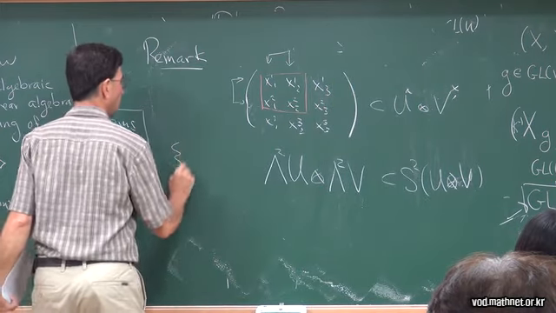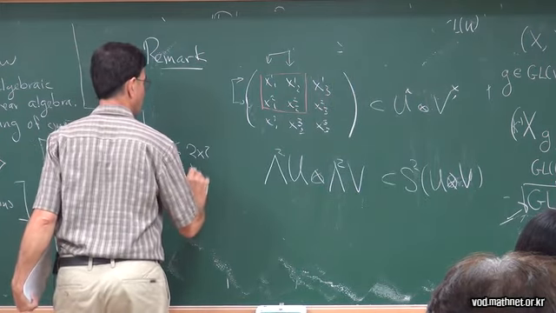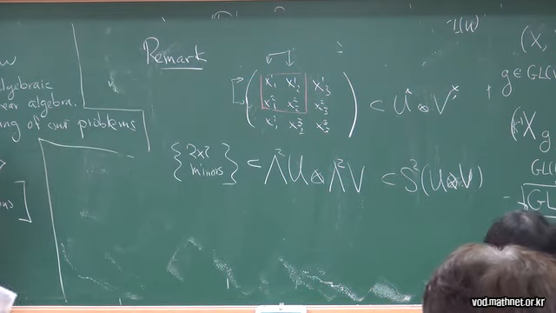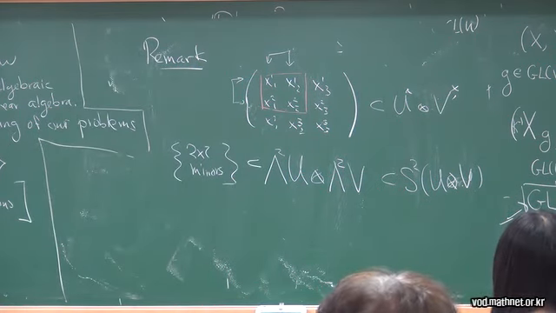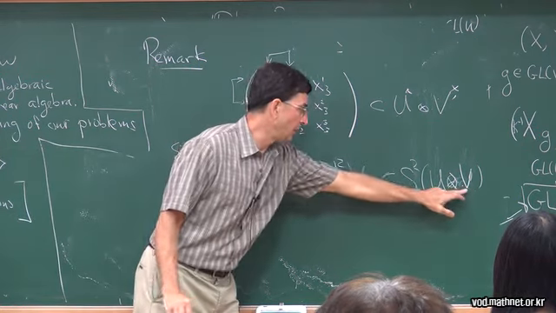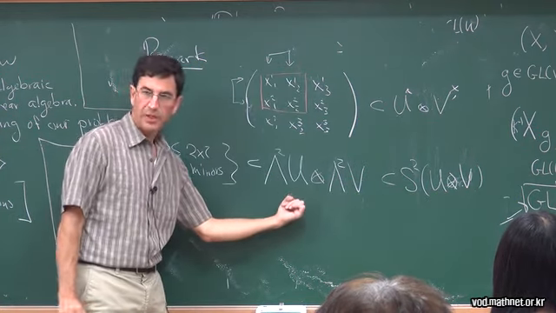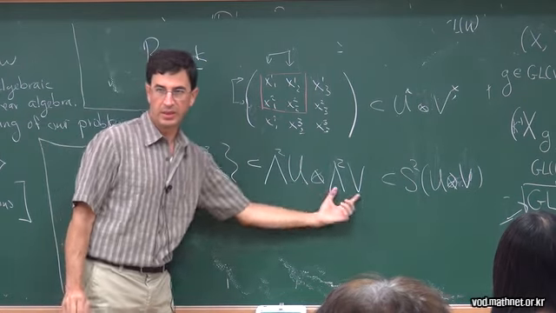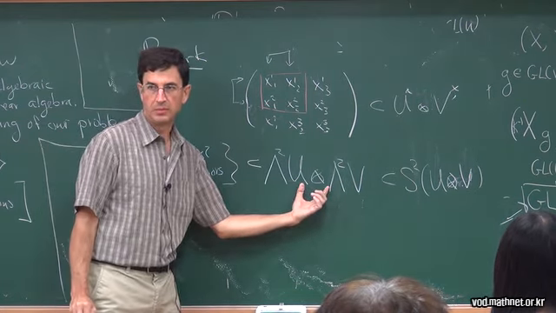And inside here is the 2 by 2 minors. This set of vectors sits inside there. Does everyone agree that if I have a 2 by 2 minor and I think of it as a polynomial on U tensor V, if I swap the U factors, it changes sign. I swap the V factors, it changes sign. That's exactly what this symbol is about.